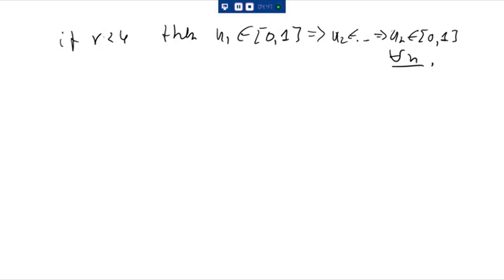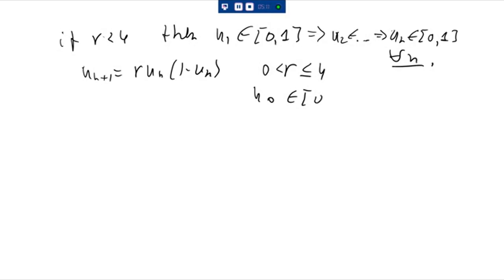And this brings us to the following problem. Now we can consider our logistic map where we presume that R is between 0 and 4 and U naught is between 0 and 1.